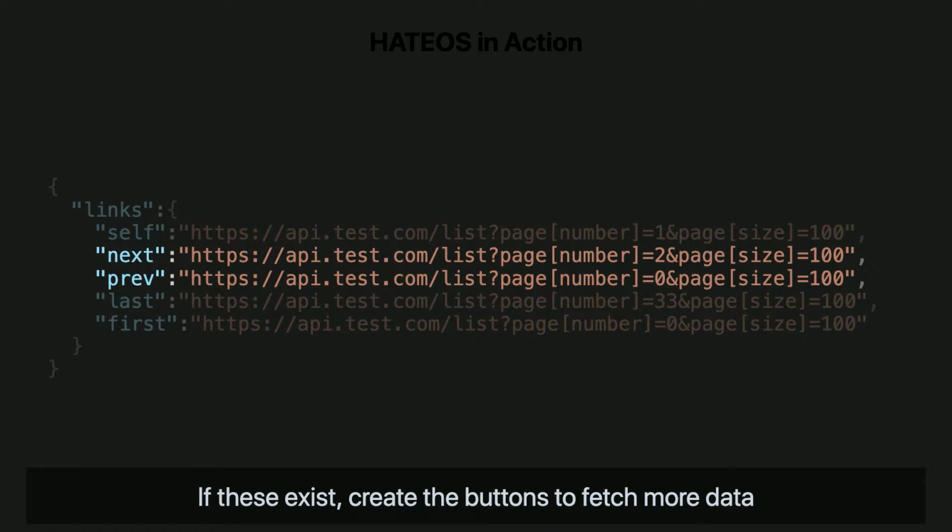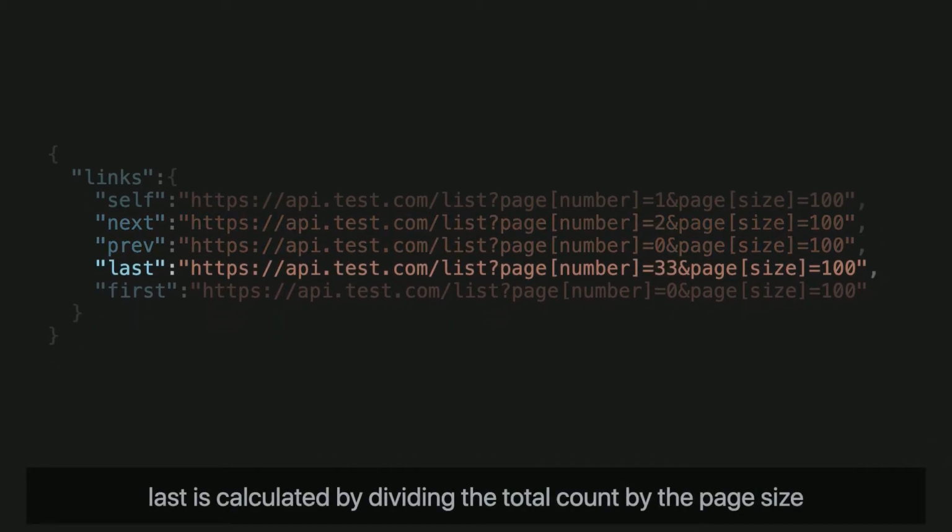And if you can read that, it's basically giving you a page number for the next link in your pager, and it's giving you the size of the page. And the idea is that the UI should wire this request up to a GET request and use it to fulfill the next page, right? So last also could be calculated based upon the total count of the list.